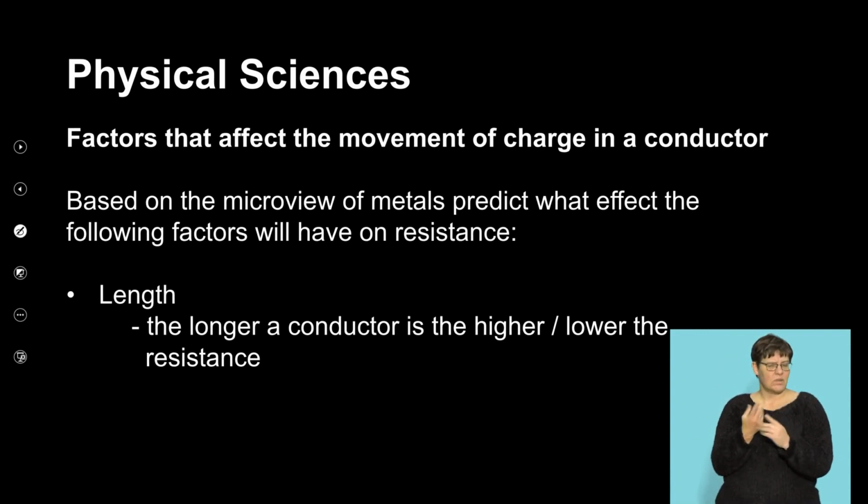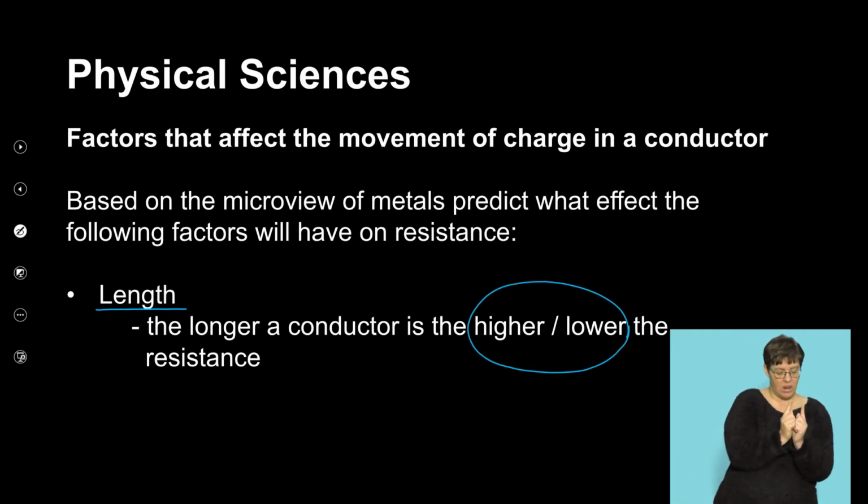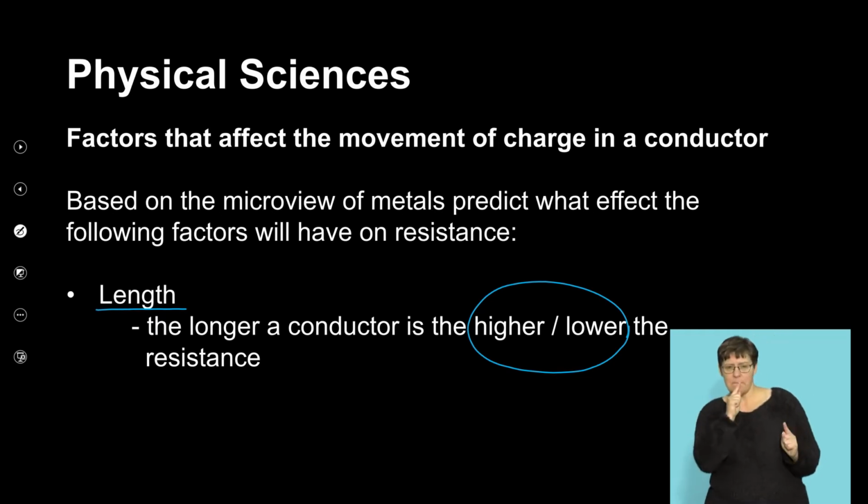We assume that we will keep diameter, temperature, and everything else the same. The only thing that will vary as our independent variable is the length. So we are saying the longer a conductor, the higher or lower the resistance. We need to decide. We want to think of this as a guess of some sort.